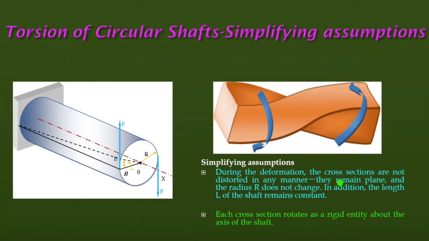Now let's consider this is a circular shaft and at one end it is fixed. If you are applying an equal and opposite force on the free end, this will induce a torque on the shaft, and under the action of this torque the shaft is not free to rotate. So what will happen?